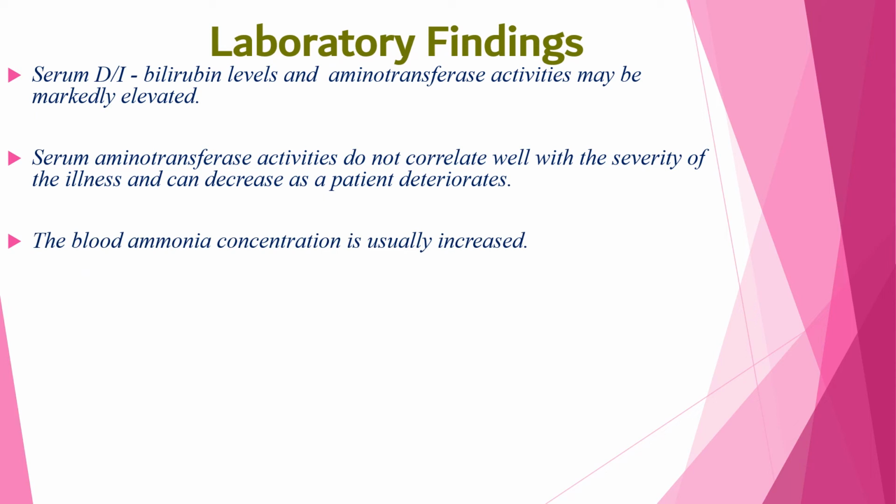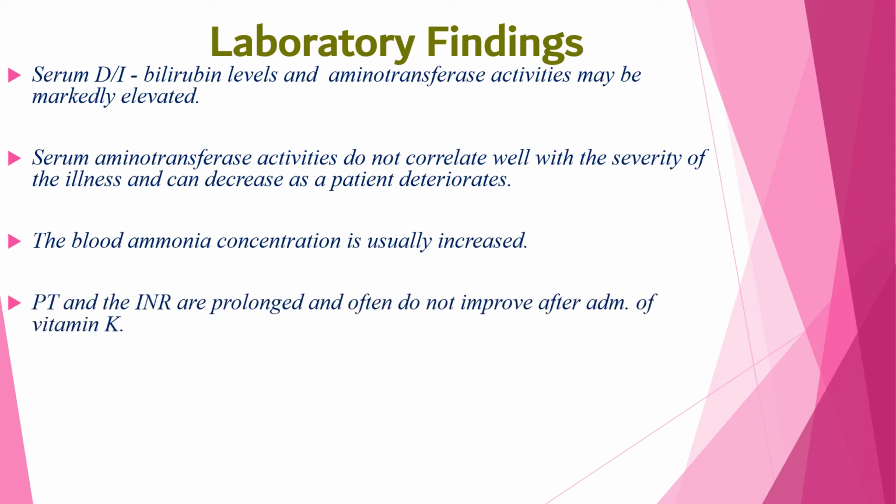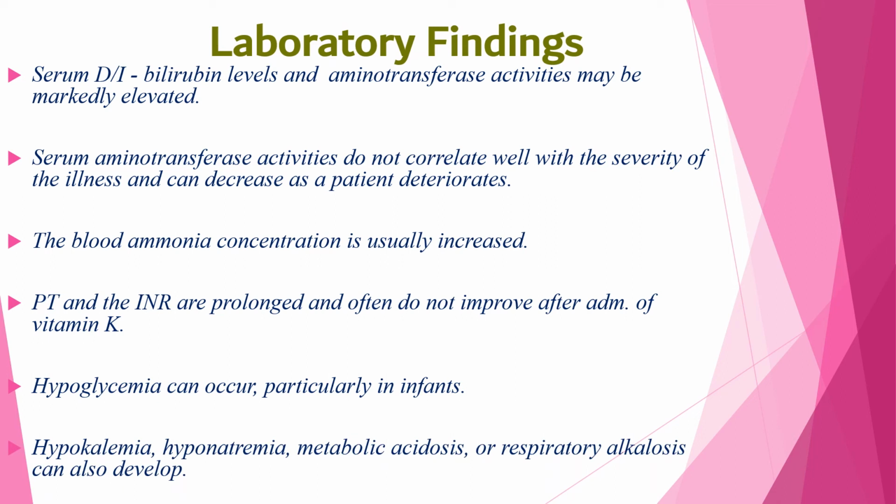The blood ammonia concentration is usually increased, and as we have said, PT and INR are prolonged, and they are used to define acute liver failure in children. And this elevation in PT and INR does not improve after administration of vitamin K. Hypoglycemia can occur, particularly in infants also. And hypokalemia, hyponatremia, metabolic acidosis, or respiratory alkalosis can also develop later during the course of the illness.